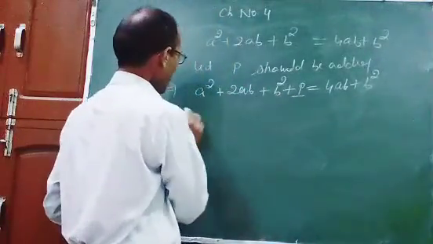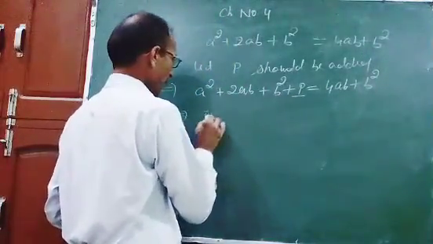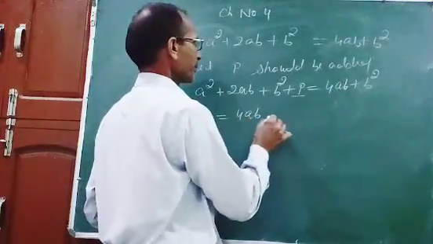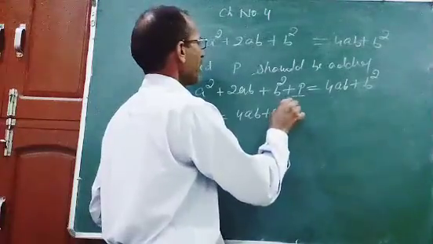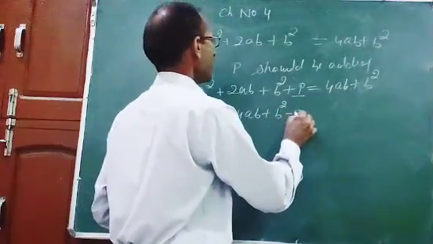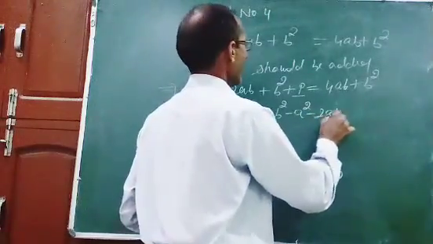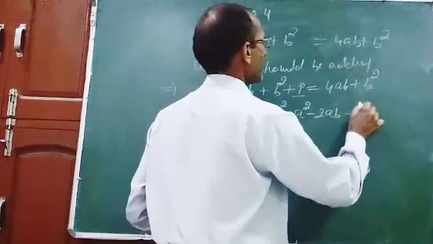So we have to find the value of p. P will be 4ab plus b square minus a square minus 2ab minus b square.